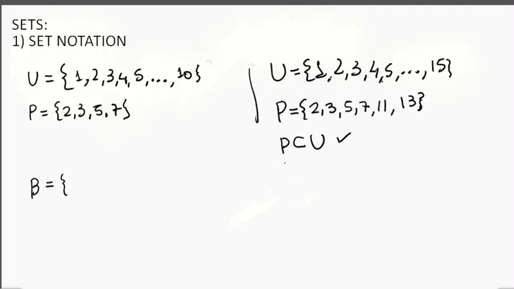Okay, so from 2 to 10, well, we're neglecting one here. So I'm telling you, okay, we could have another universe, right? 2, 3, 4, and so on, up to 10. So from the numbers from 2 to 10, what would be our square numbers?